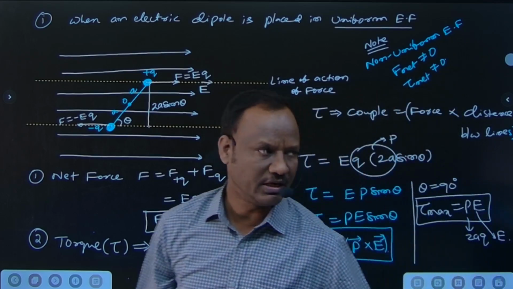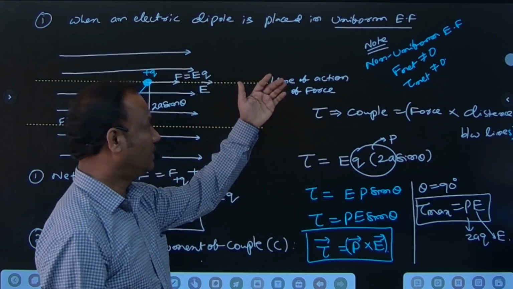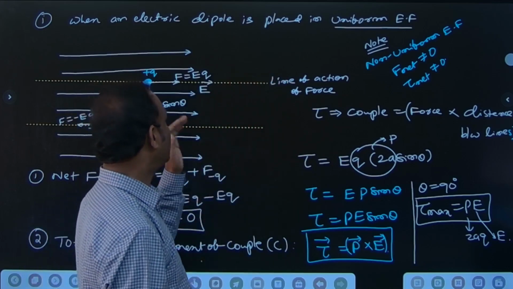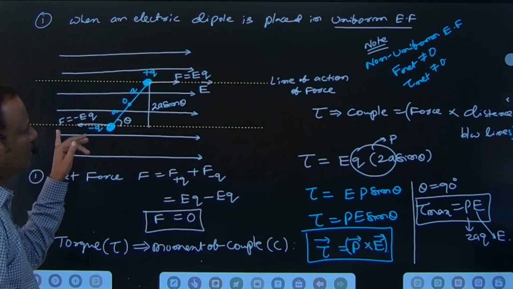If you talk about the net force, F net is not equal to 0, meaning E1 Q1 plus E2 Q2 act in different directions.